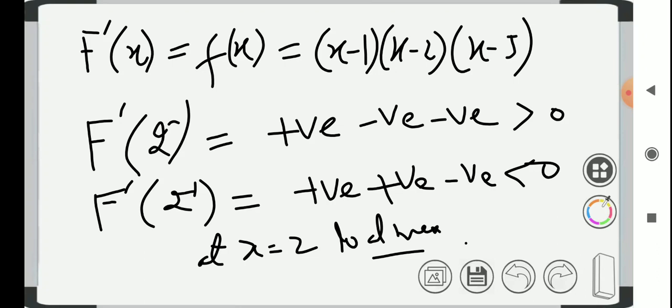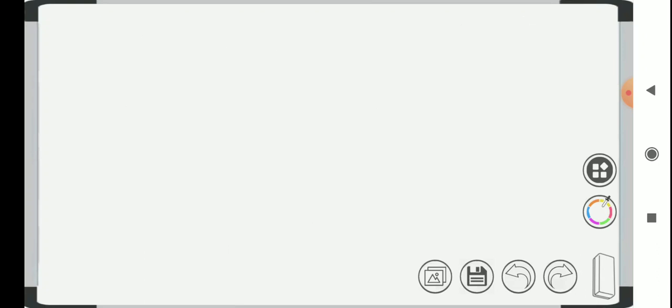Similarly you can verify for local minima. I am not going to do that, but we are going to look at the fourth option. That is, we have to prove that F of x is not equal to 0 in the interval 0 to 5.